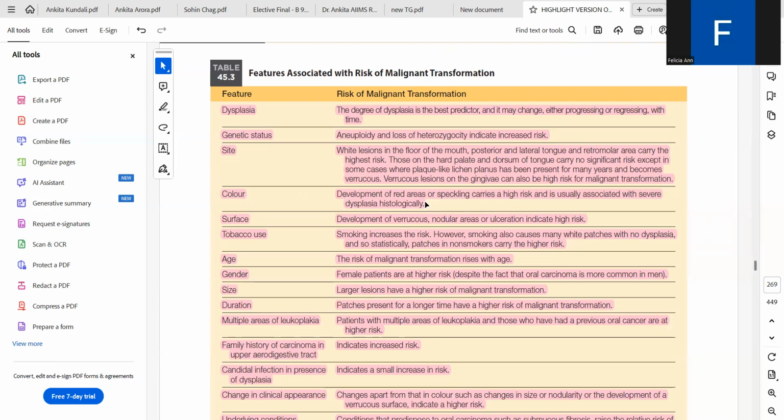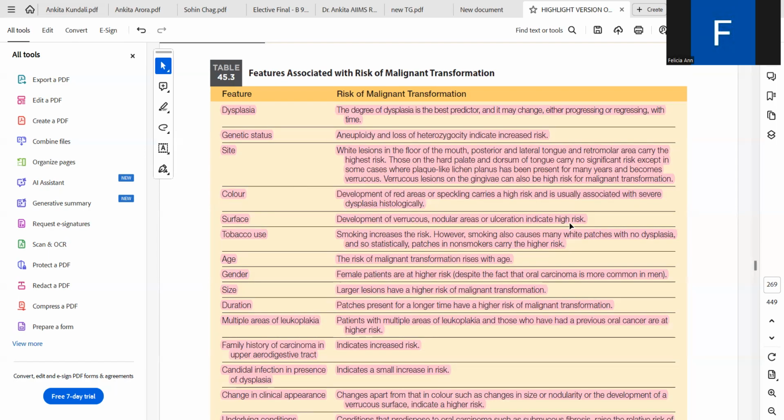Color: development of red areas or speckling. Whenever a surface aberration or red color comes in with a white lesion, it becomes more dangerous. This is at high risk and is usually associated with severe dysplasia histologically. Surface: development of varicose nodular areas or ulceration indicates high risk.